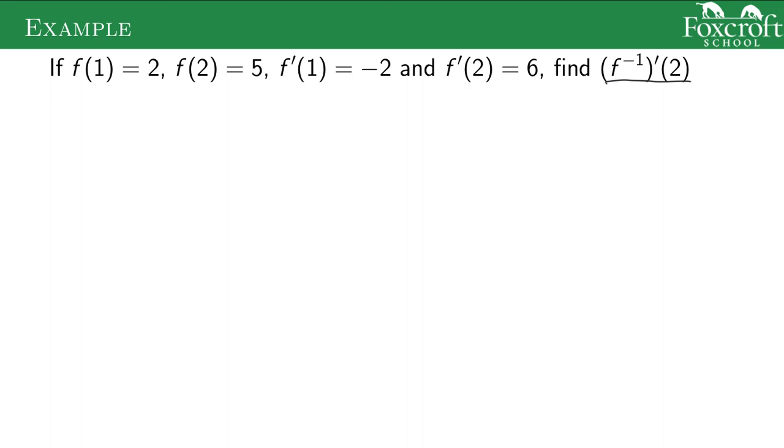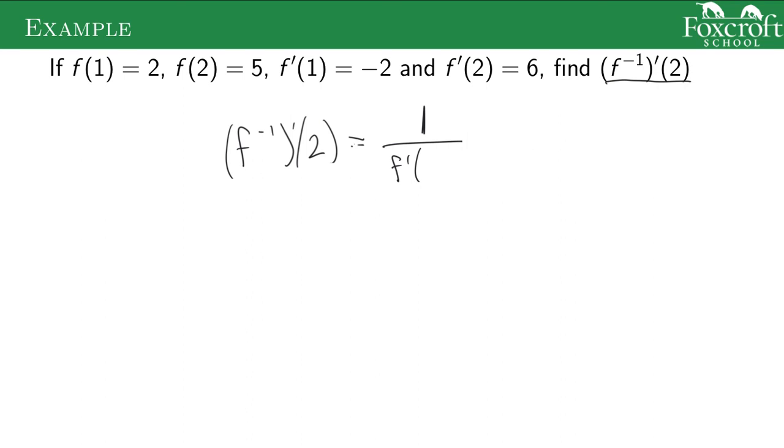And our little thing that we just had, if we want to find the derivative at 2 of the inverse, it's the reciprocal, so 1 over the derivative of the original, but we have to do the flip. All right, so this is where I have to think about the relationship between the inverse and the original.